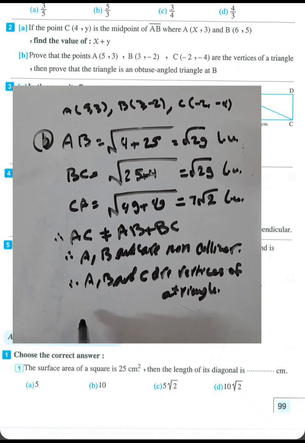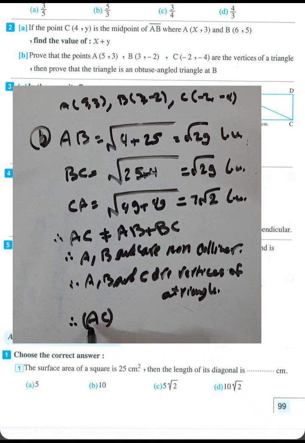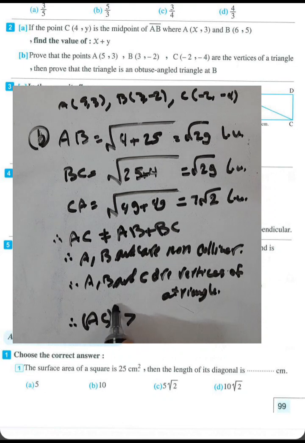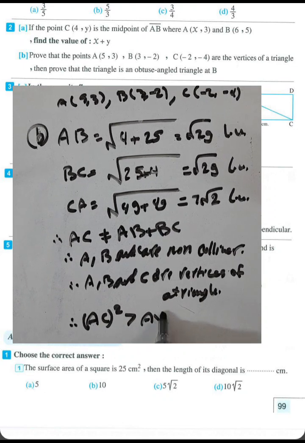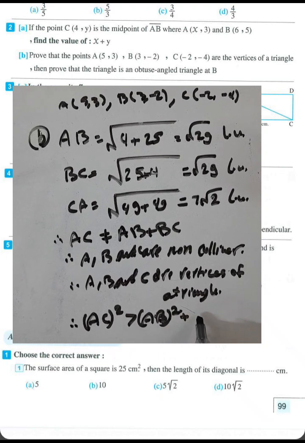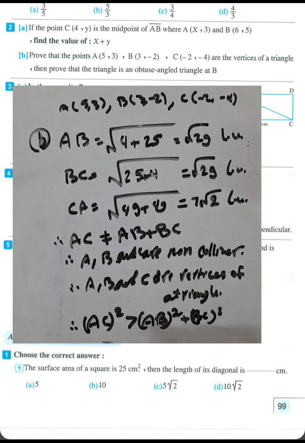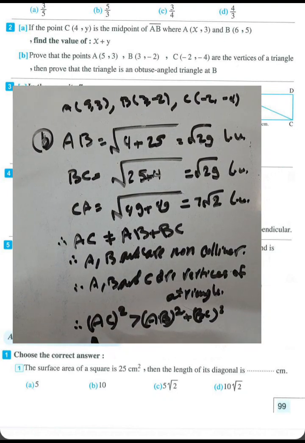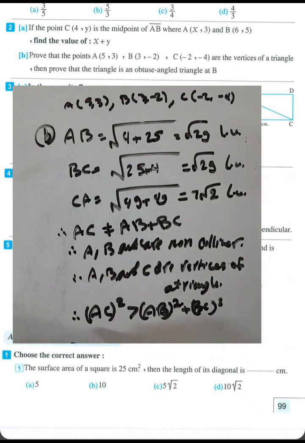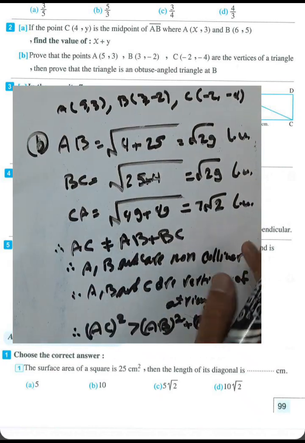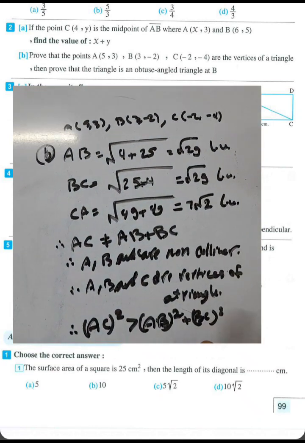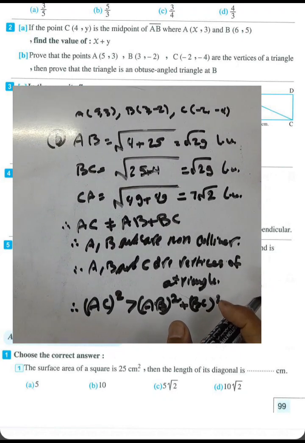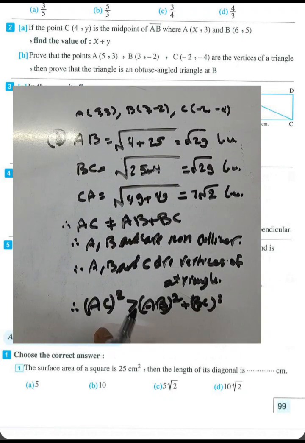And then we can use the inequality AC power 2 greater than AB power 2 plus BC power 2. Okay, we prove the first and second, AC power 2 greater than AB power 2 plus BC power 2, then this triangle will be an obtuse angle triangle because of the inequality.